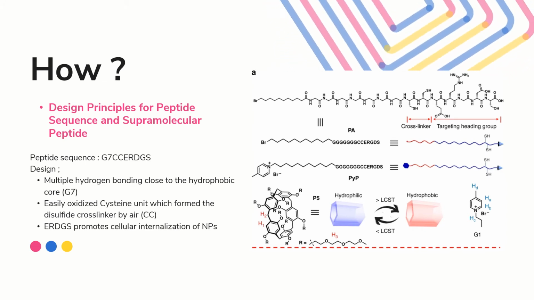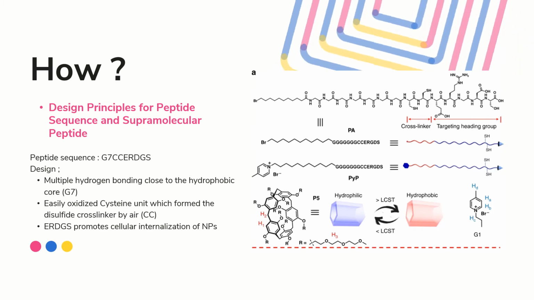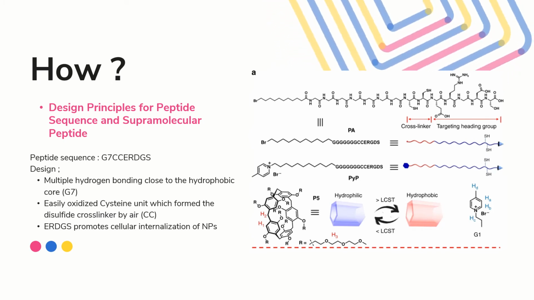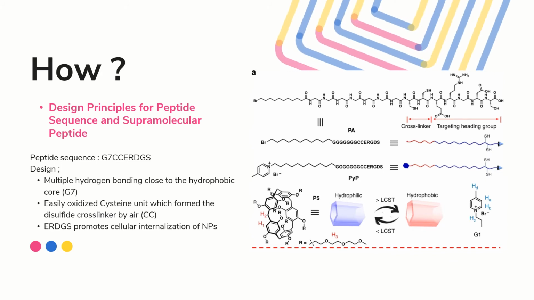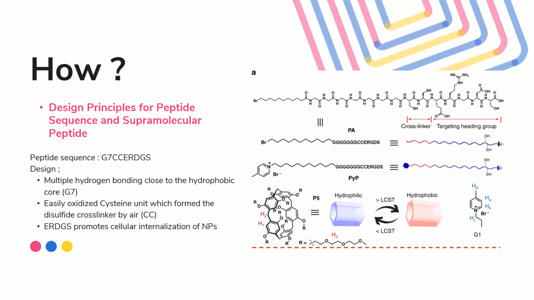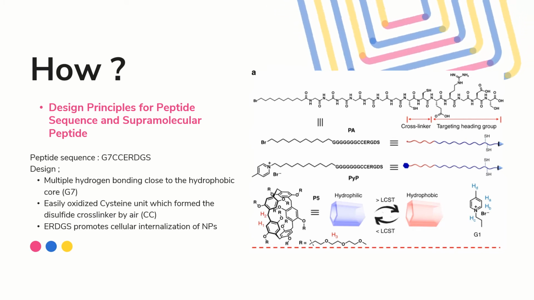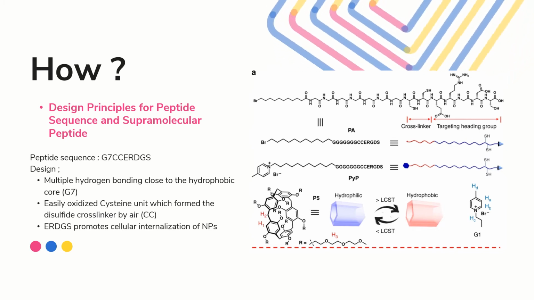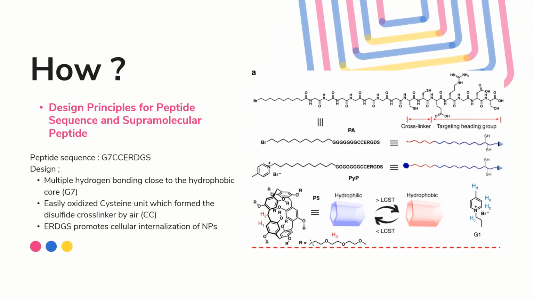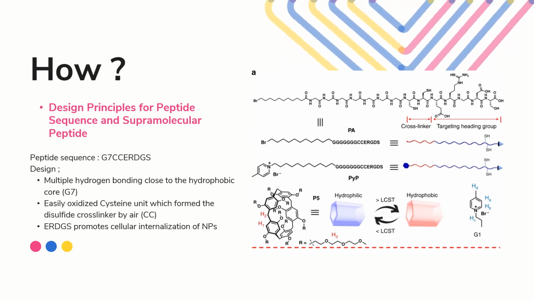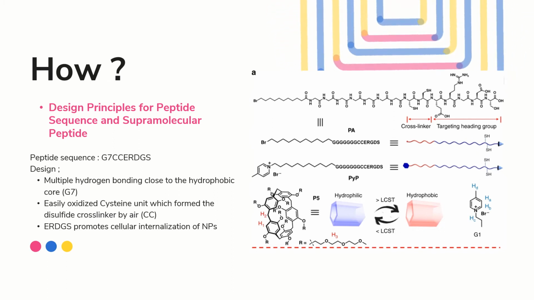P5 is a water-soluble pillar that acts as hydrophilic at room temperature and becomes hydrophobic as the temperature rises. So, the utilization of P5 in this study is good because it has a thermoresponsive property and a strong binding affinity.